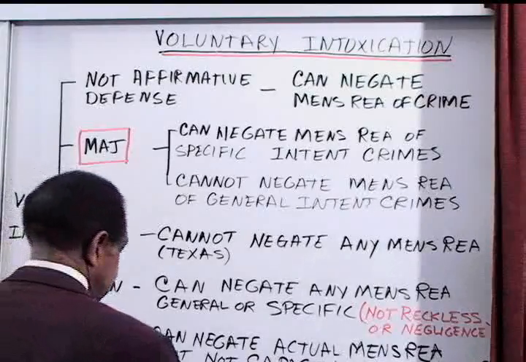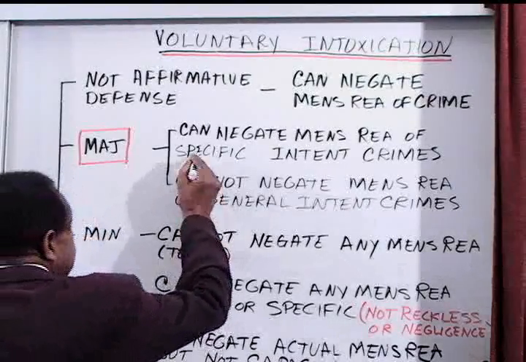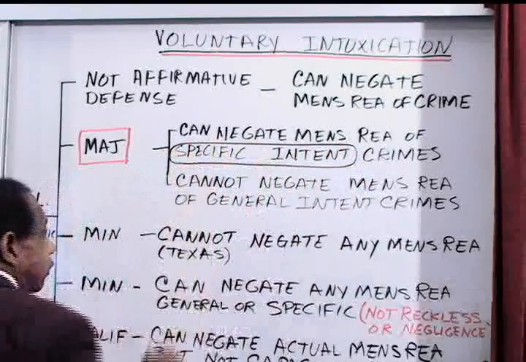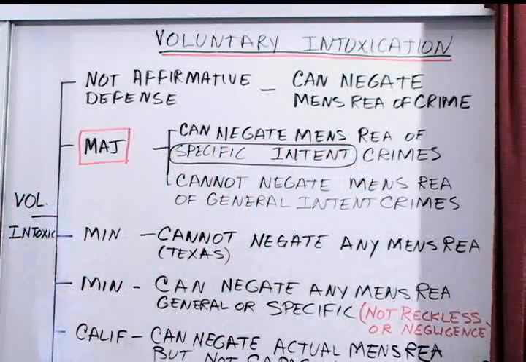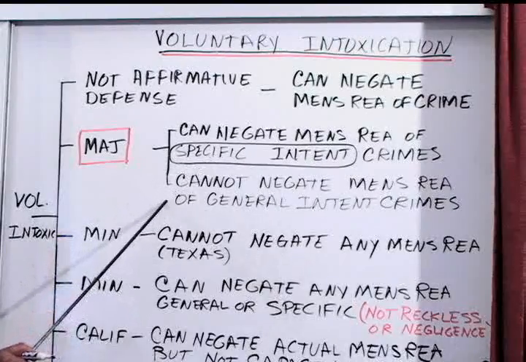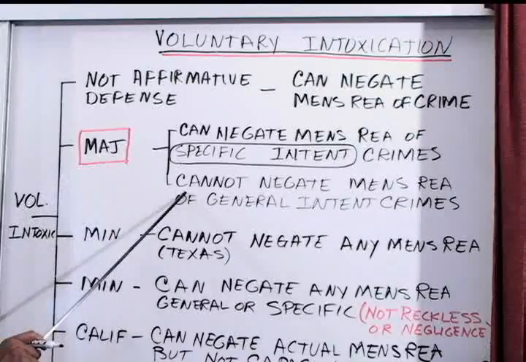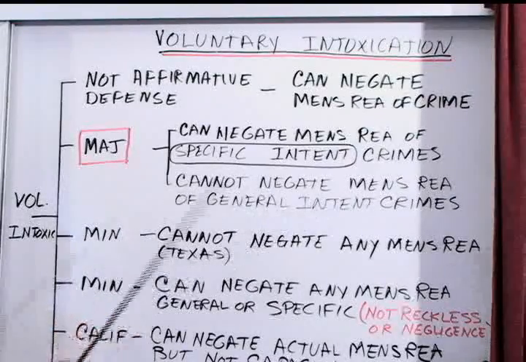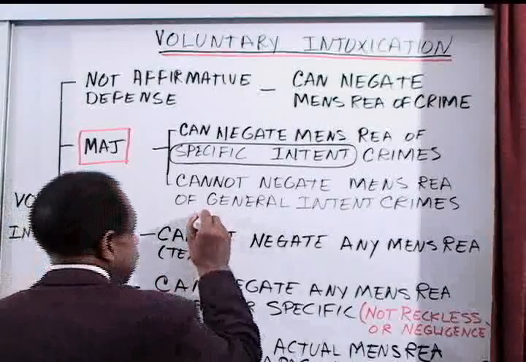Okay? That's the majority rule of specific intent crimes. These are the ones where all you had to intend was to do the actus reus. Whereas, still under the majority view, voluntary intoxication cannot negate the mens rea of a general intent crime.